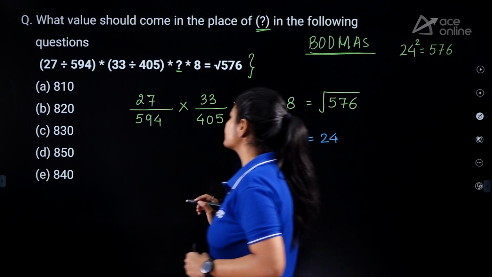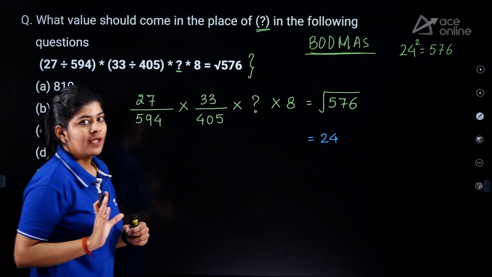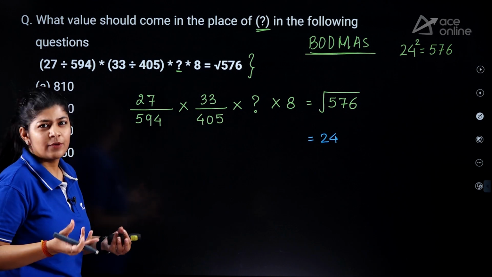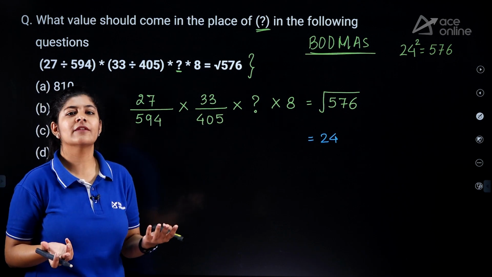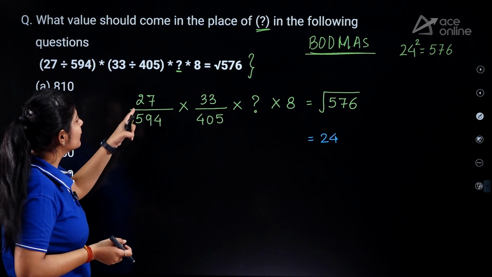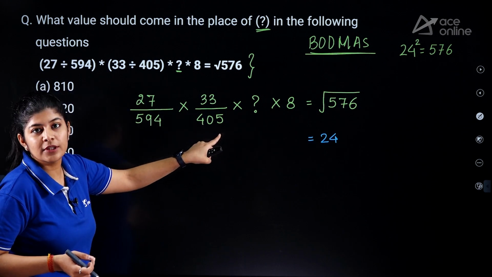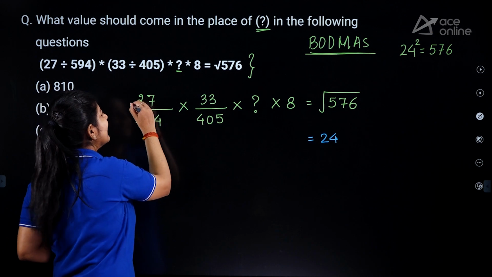Now, I know that this is a multiple of 9, and this value is also a multiple of 9. You can also solve it by eliminating with the help of 3, but I start eliminating with 9.